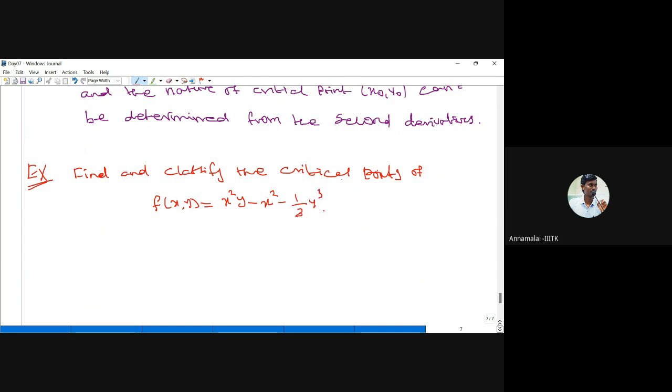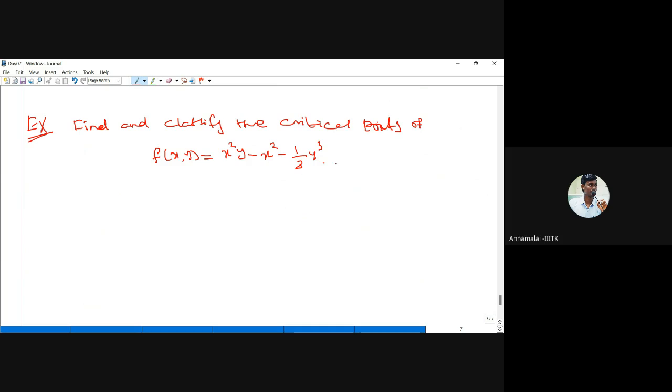So first we have to find the critical points. How will we find them? We take the first derivatives and set them equal to 0. So fx is nothing but 2xy minus 2x. What is fy? It is x square minus y square, as the 3 cancels. From fx equal to 0, we can cancel 2 and get x into y minus 1 equal to 0.